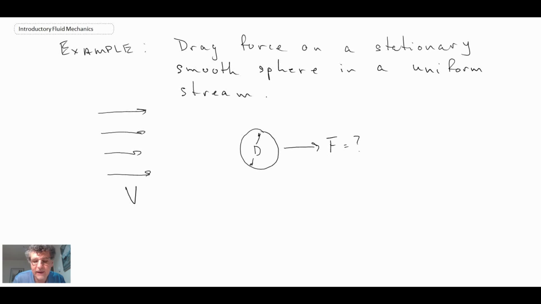When we think about what parameters are important in order to conduct an experiment to understand how the drag force relates to velocity, diameter, and anything else, we look at the drag force F. And other parameters, I've drawn a couple of them here, obviously velocity and the diameter of the sphere, d.